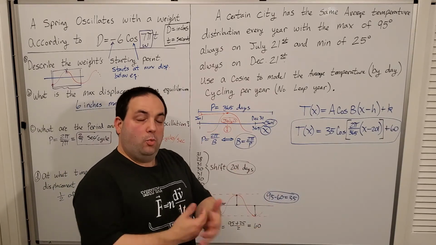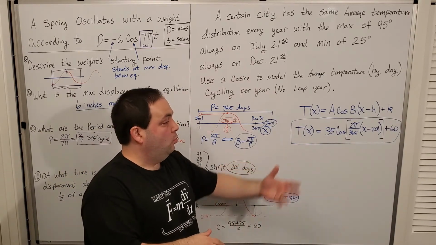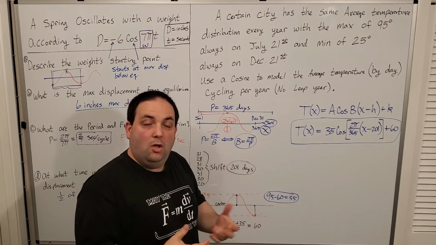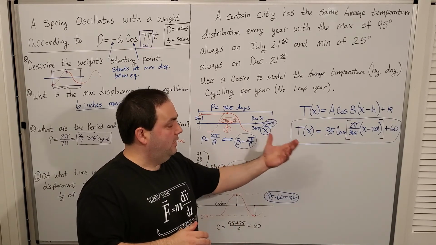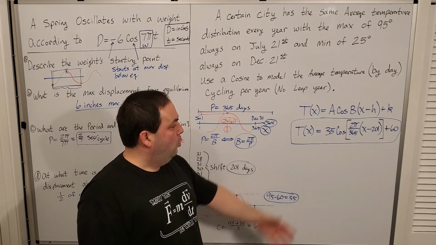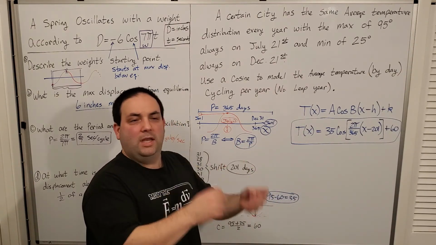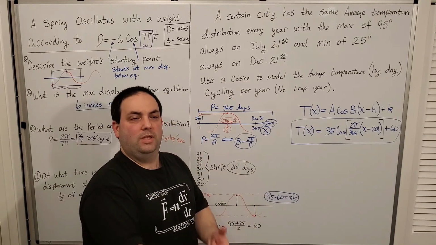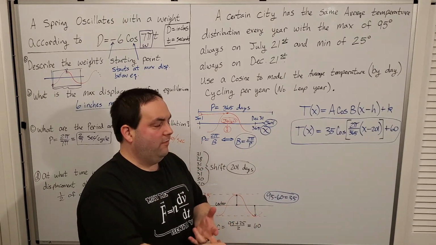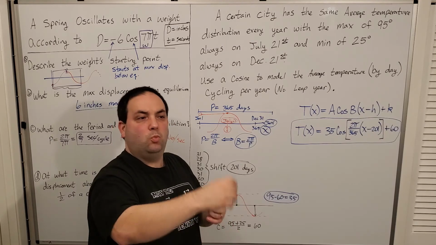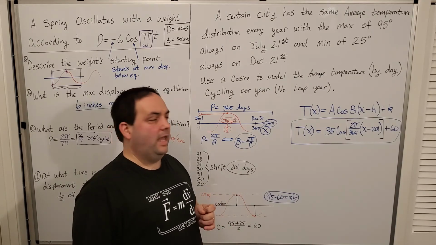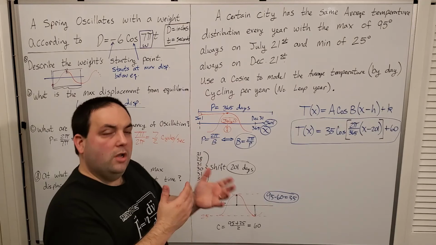Now, sometime later, we can do even more with this once we talk about solving trigonometric equations and doing other things with the graphs. We can actually take this equation and use it as a prediction day by day by day. Like, what day is the temperature going to be this? And if I know what day it is, what temperature is it going to be that day? Things like that, and so on and so on.